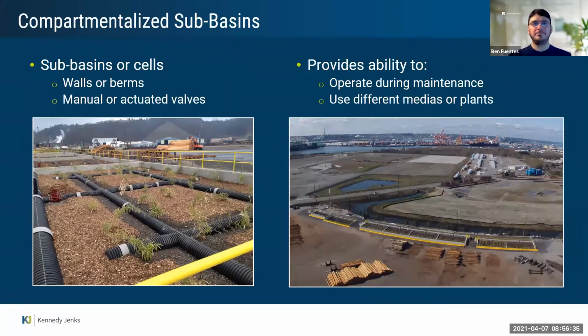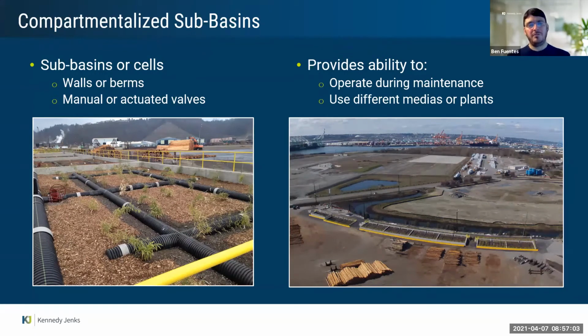So let's talk a little bit now about different features that can be incorporated to improve effectiveness, maintenance, and operations. One of those is the ability to segregate your basins, compartmentalize them into numerous cells. There are a couple of really great advantages that come along with that.